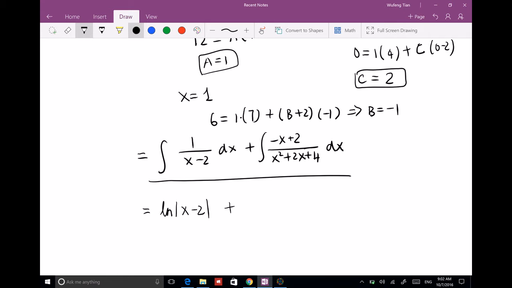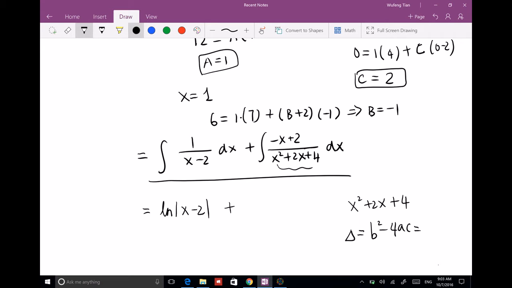Bad news is we cannot factor this one. So how do we know if we can factor a quadratic function? You have a very simple way to check it. The determinant. The delta equals b squared minus 4ac.